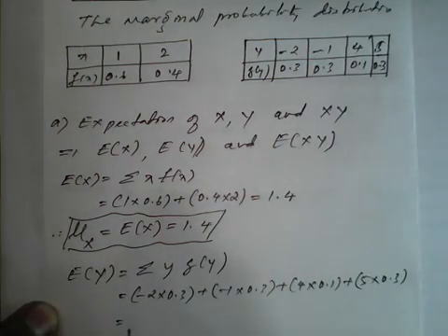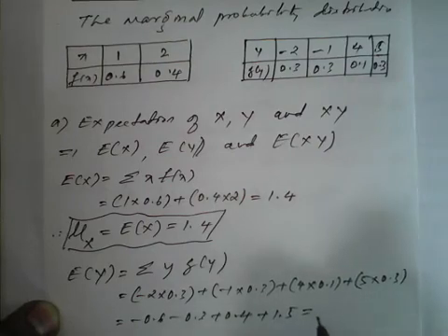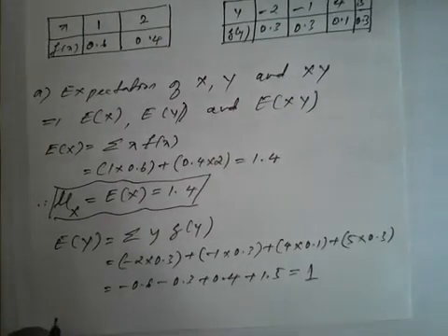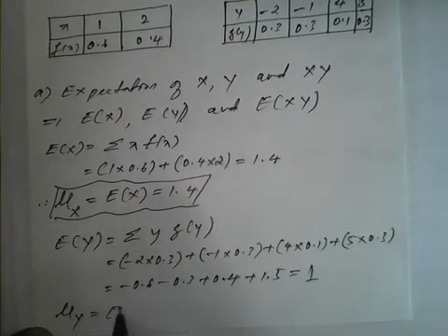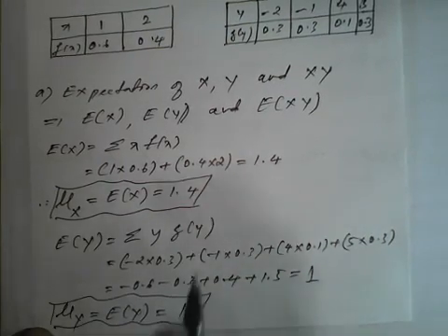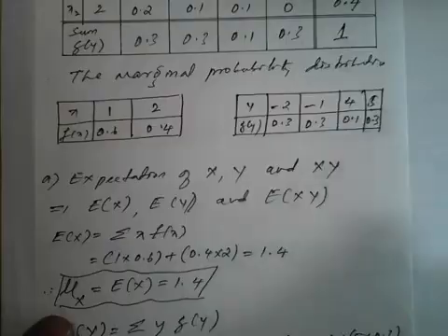On simplification this will be -0.6 minus 0.3, plus 0.4 plus 1.5, and the result is 1. Therefore mu of y, which is also the expectation of y, is equal to 1. So we got the results for the expectation of x and the expectation of y. Now we'll see the expectation of xy.